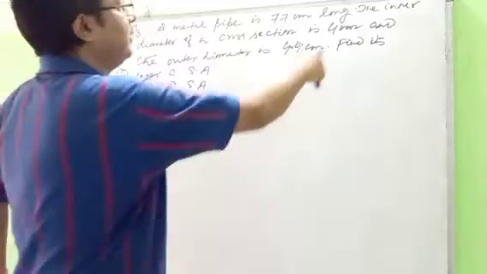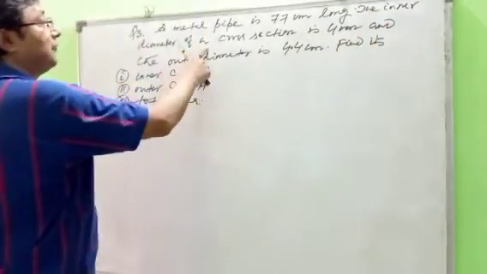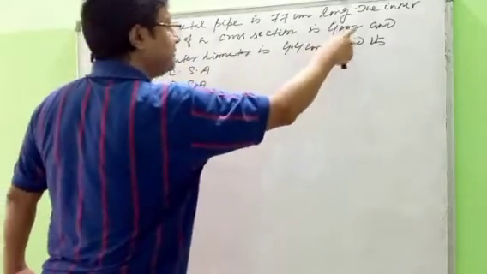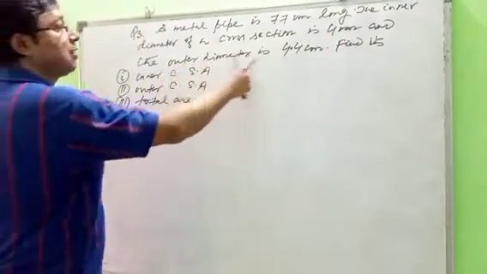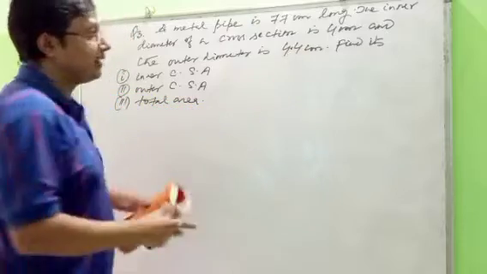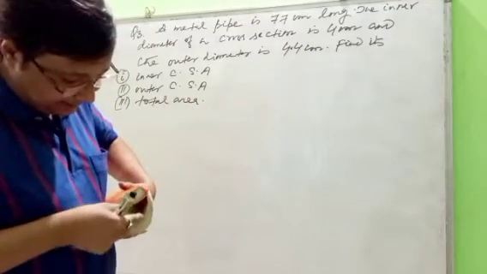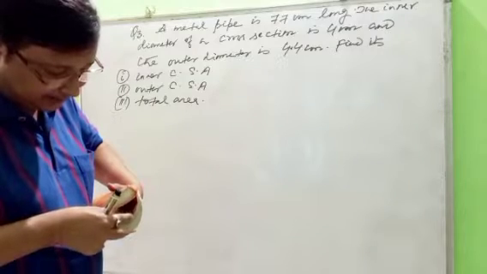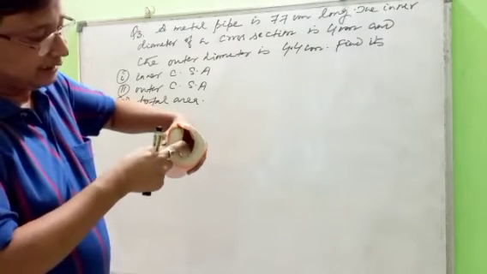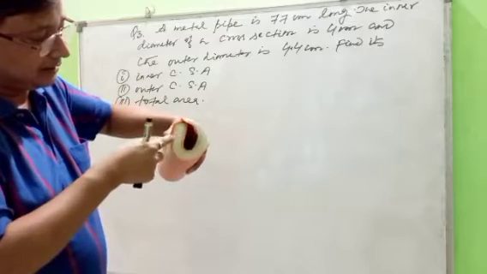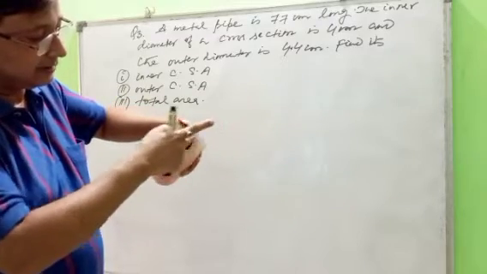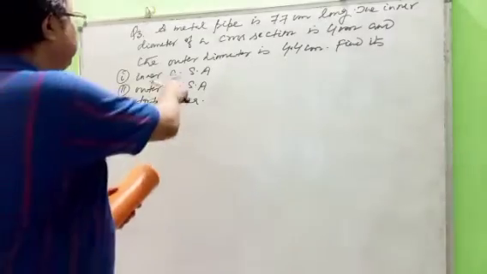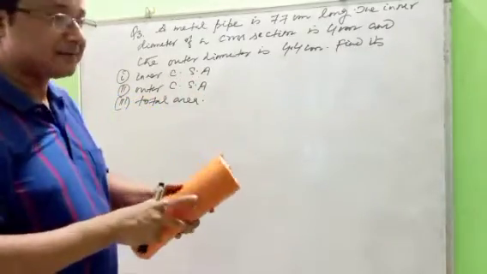The inner diameter of the cross section is given as 4 centimeter and its outer diameter is 4.4 centimeter. This is the inner diameter, passing through the center from this point to this point, and from here to here will be the outer diameter, passing through the center. Now here we have to find its inner CSA, that is the inner curved surface area.